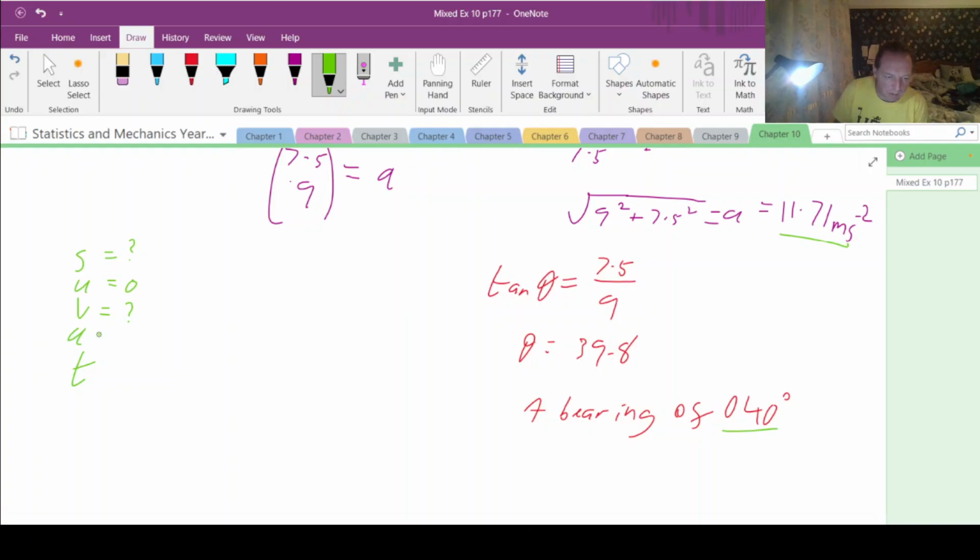Final speed, I don't know. Our acceleration is 11.71 and time is 3 seconds. So we want an equation without v in it: s equals ut plus a half at squared.